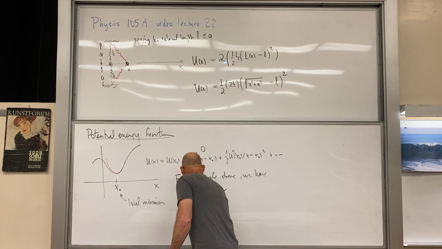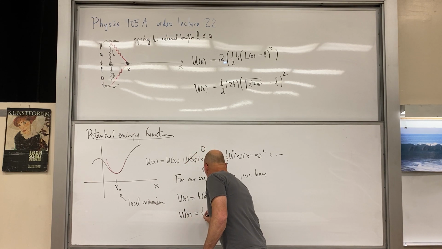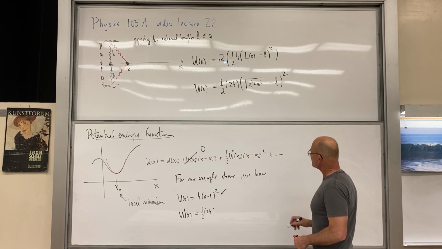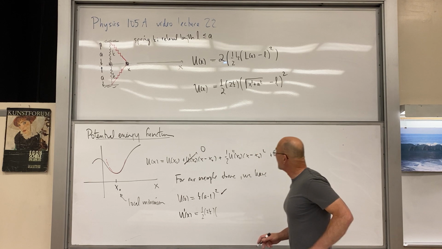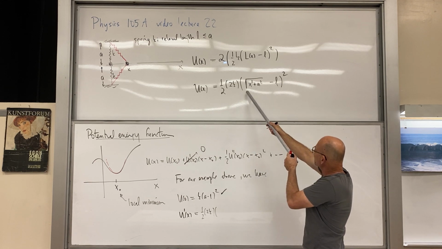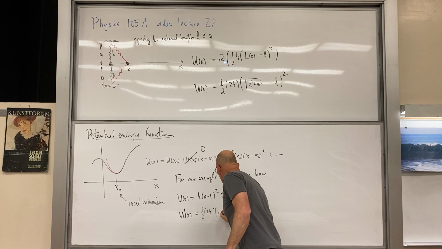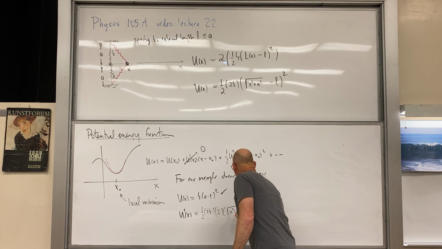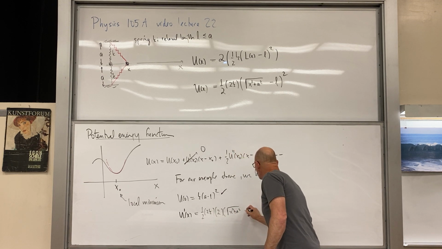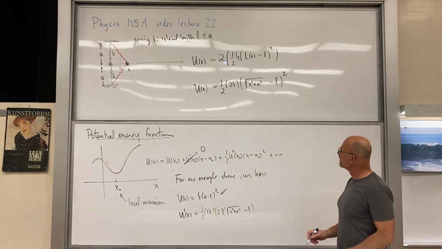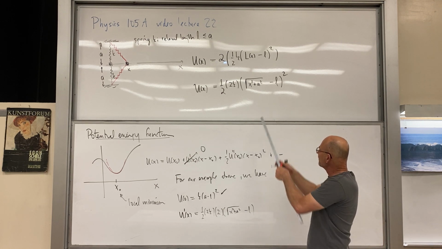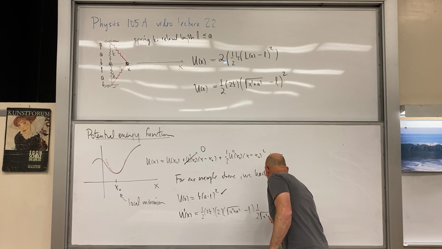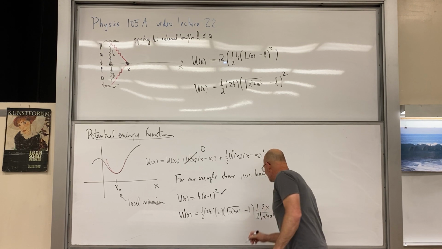U prime of x, we've got the 1/2 of the 2k. Now to take the derivative of this thing here, we go first 2, then root x squared plus a squared minus l to the first power. And then this is something to the 1/2 power, so we have 1/2 root x squared plus a squared, and then the inner derivative is 2x.